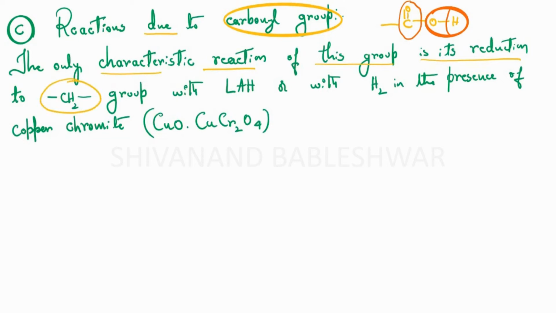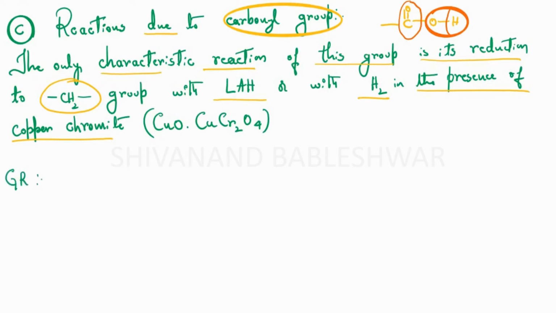So the C double bond O group is converted into a CH2 group either by taking a metal hydride, that is lithium aluminium hydride, or with hydrogen in the presence of copper chromate. Copper chromate has the formula CuCr2O4. So let us have the general reaction.